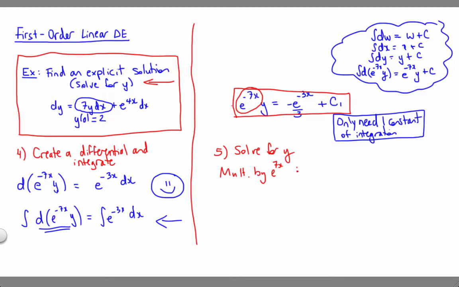So if we multiply by e to the positive 7x, that's going to create a 1 as the coefficient for the y, and that will be a little bit simpler to deal with on the right side here. So multiplying through by e to the 7x, we'll have y equals minus 1/3 e to the 4x plus c1 e to the 7x.